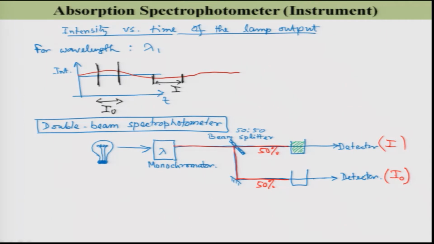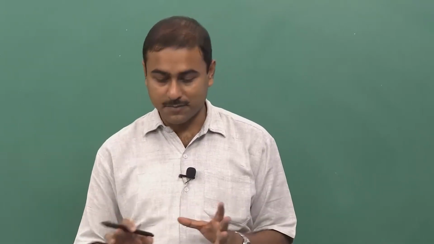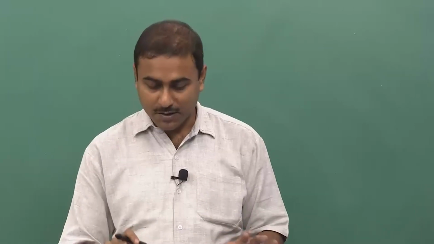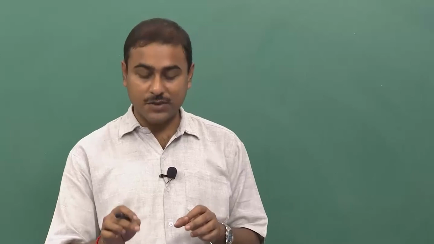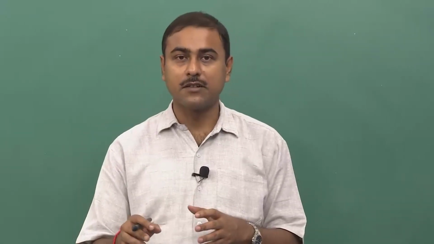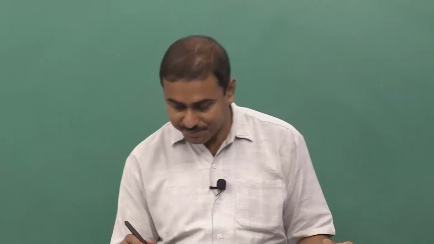That means, this is the problem of the detector, and if time permits and if I find it required for this course, later on I will discuss a little bit about the detector function. But right now let me limit my discussion to saying that the two detector responses will be different, they cannot be equal in most cases.